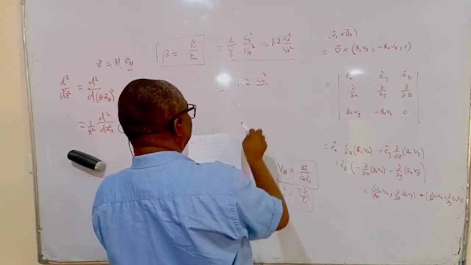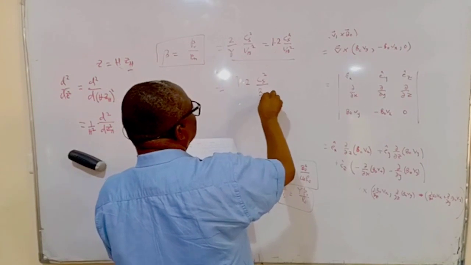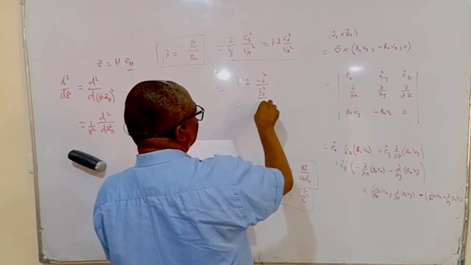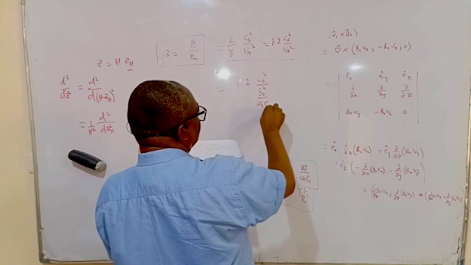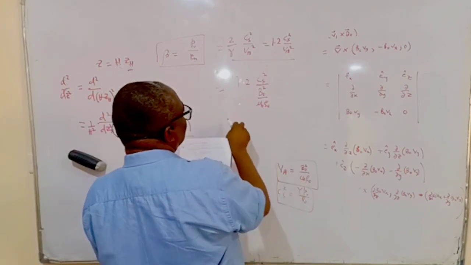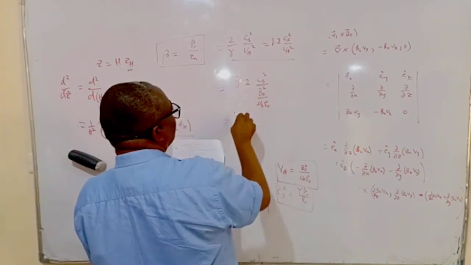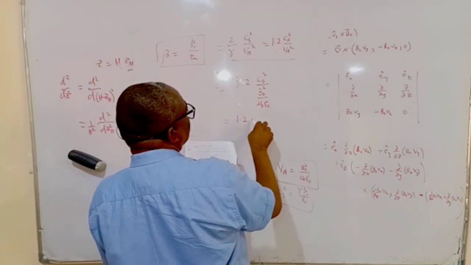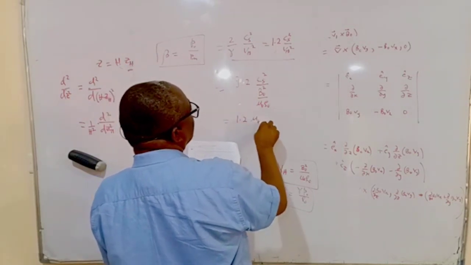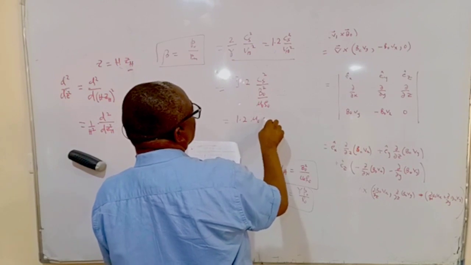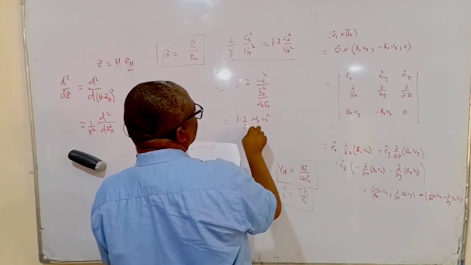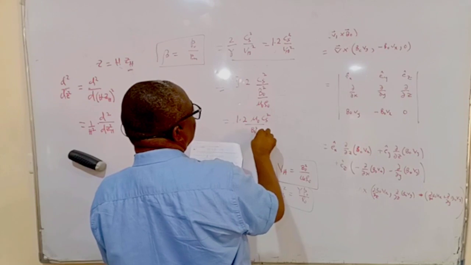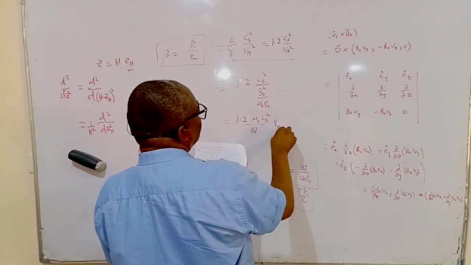What is VA? VA is B rho squared over what? Mu naught rho naught, is it not? So which will give me 1.2 mu naught CS squared over B naught squared of rho naught.